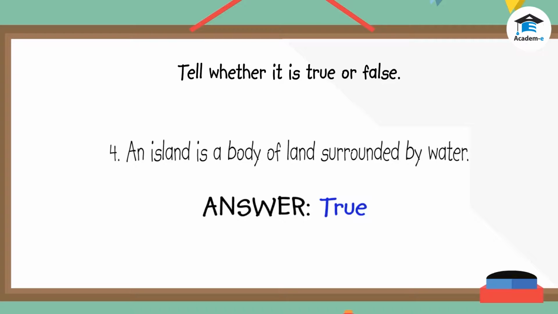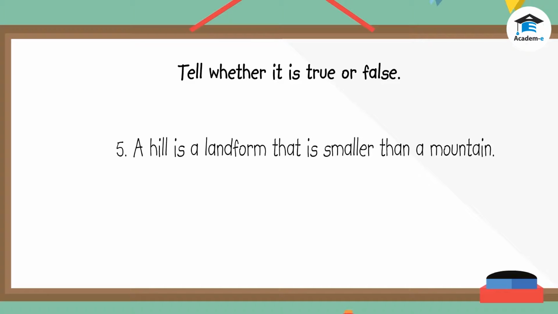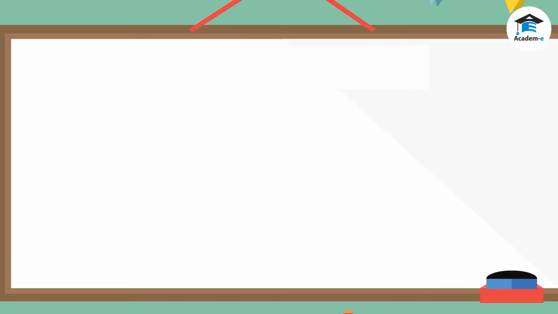The answer is true. 5. A hill is a landform that is smaller than a mountain. The answer is true. Good job, kids.